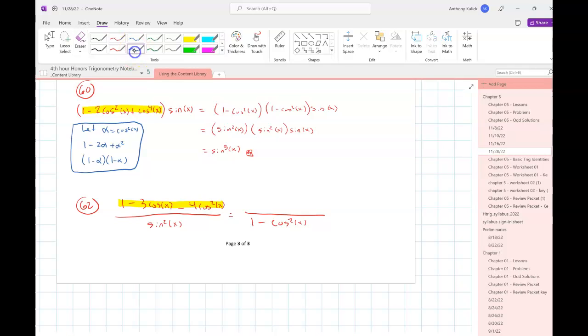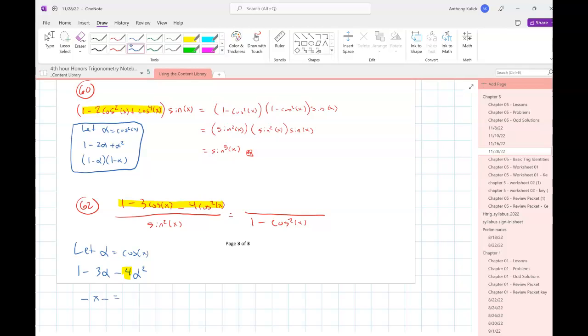So to factor this, I'm basically going to think about this as a quadratic. I'm going to just say alpha is equal to cosine. So I'm just going to be trying to factor something like this, right? Now, this is a little bit tricky because the leading coefficient is not 1, so we have to be a little bit more careful here.